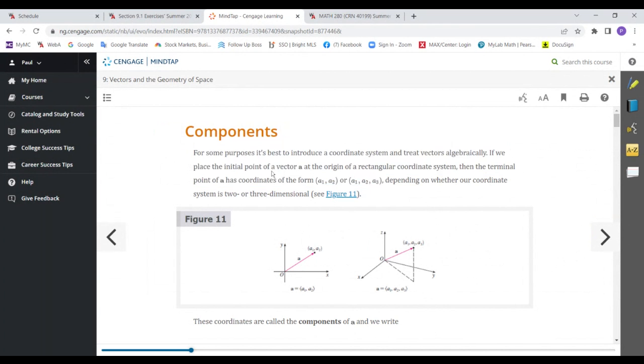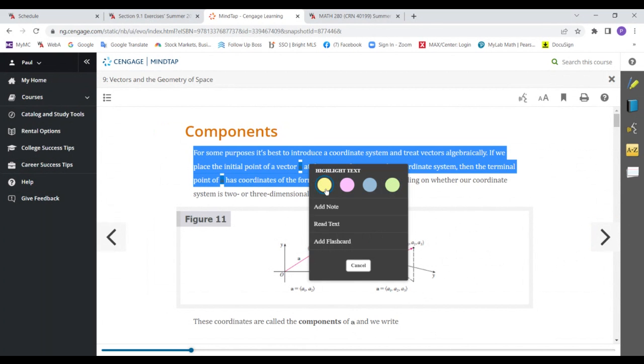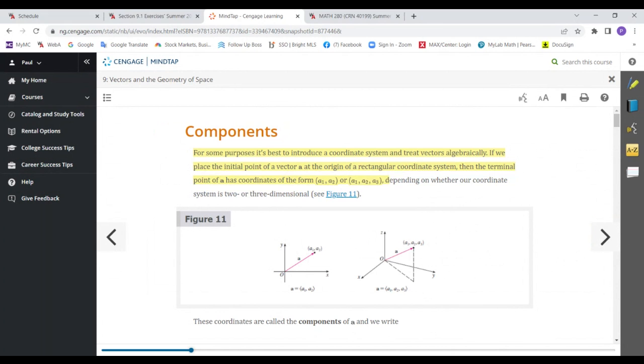Components of a vector. Sometimes you want to treat the vectors as a coordinate.